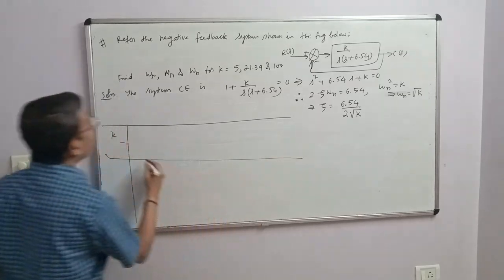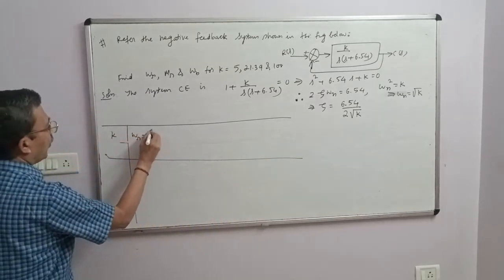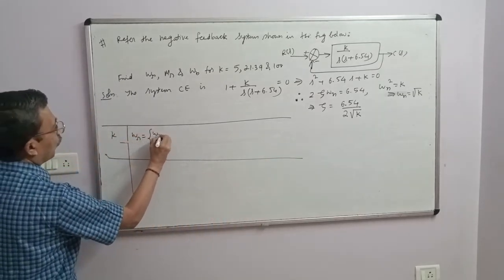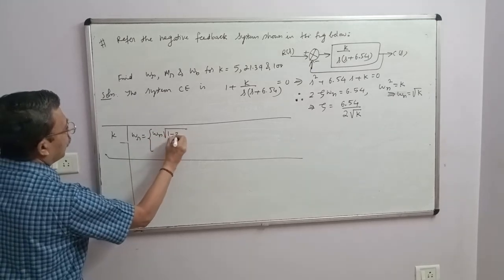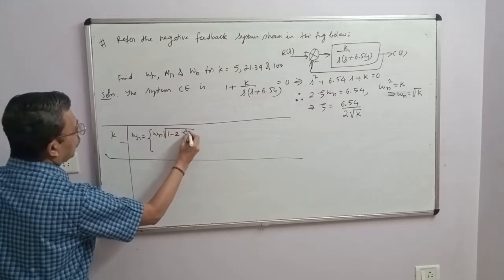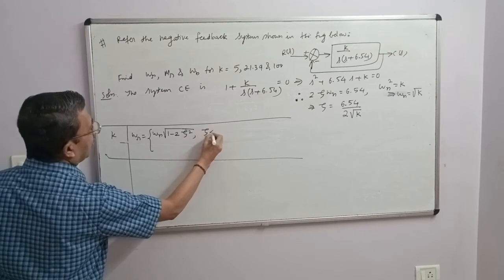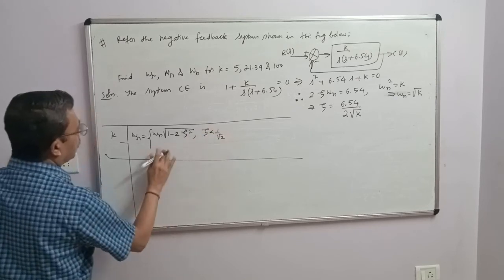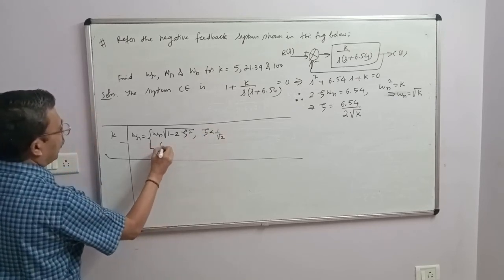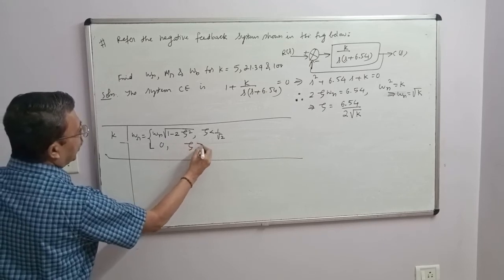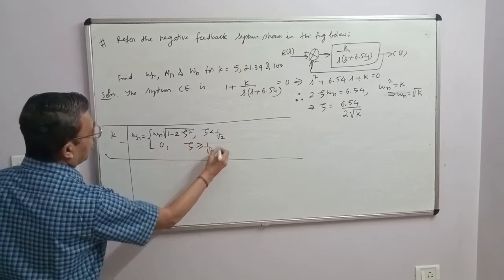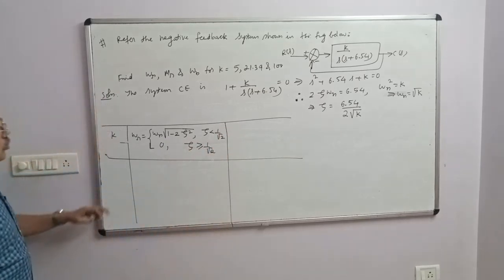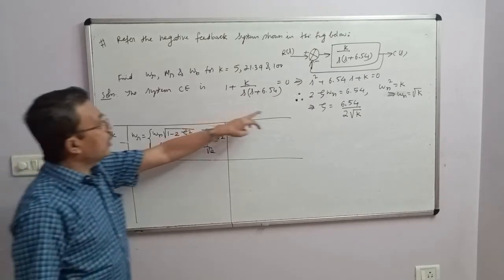What is the expression for omega r? Omega r is equal to omega n into square root of 1 minus 2 zeta square when zeta is less than 1 by root 2. Omega r is equal to 0 when zeta is greater or equal to 1 by root 2. So you find what is zeta.